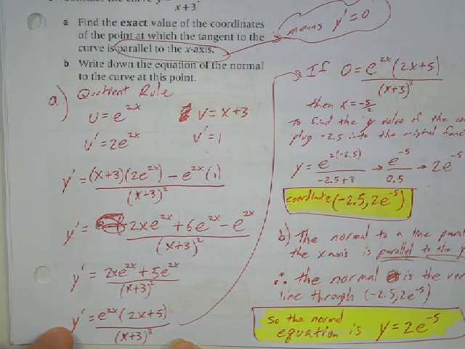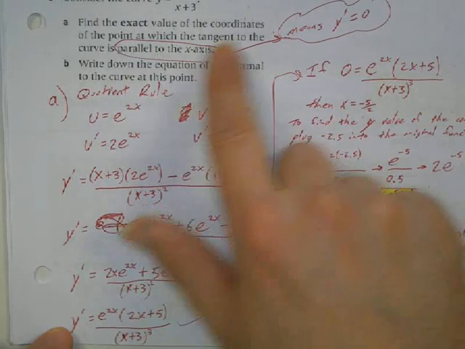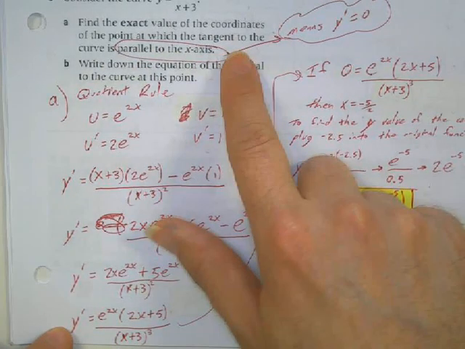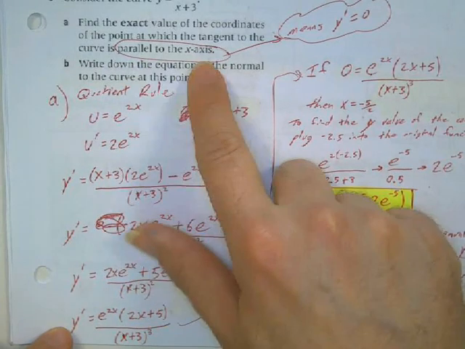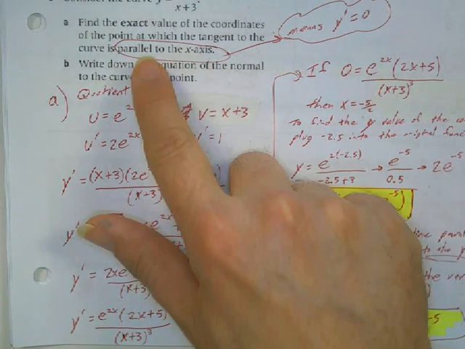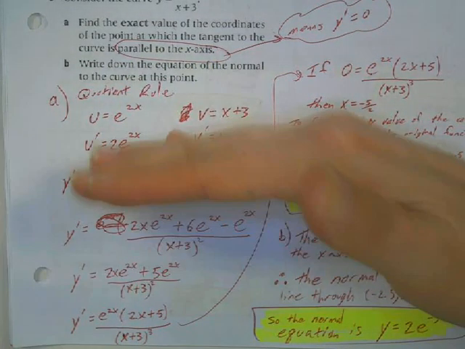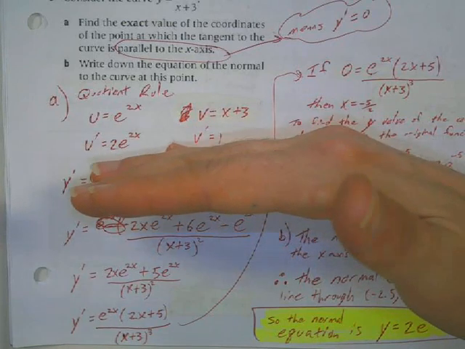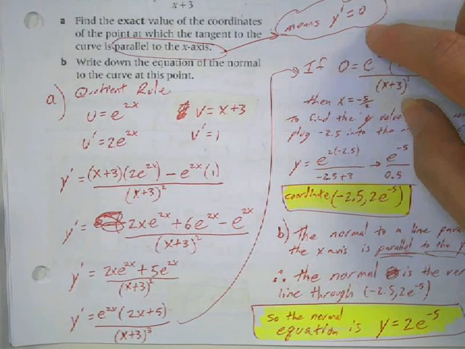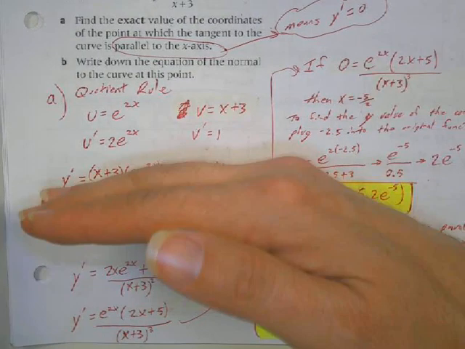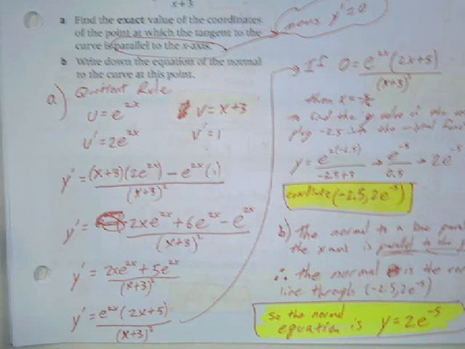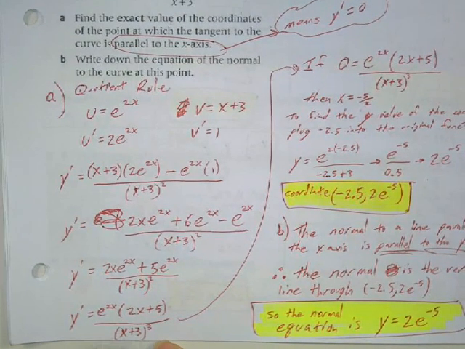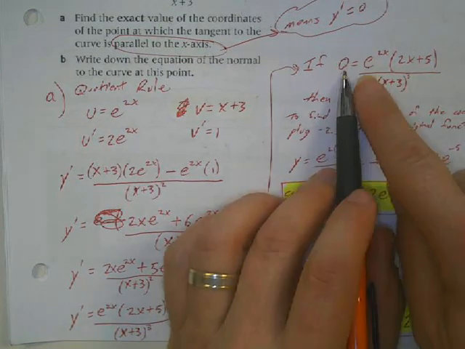Okay. Now, we want to find the coordinates of a point of a tangent to the curve that is parallel to the x-axis. So if it's parallel to the x-axis, it's horizontal, so that means the derivative is going to be 0. If it's horizontal, that means the slope is 0. So we found the derivative, and we're going to make the derivative equal to 0.